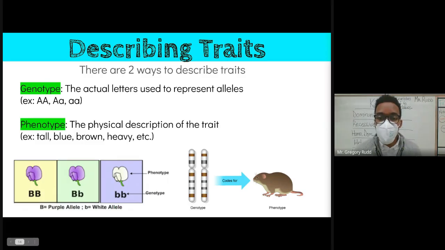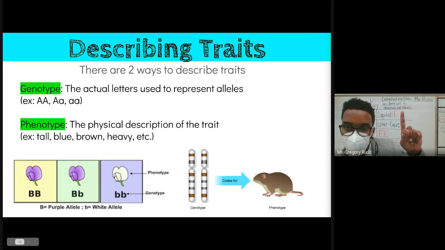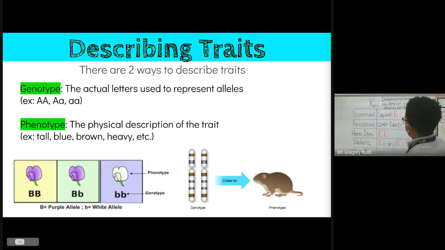So which one is the dominant trait? Detached or attached? Based on that sentence. Detached, yeah. So that means that my dominant allele, the capital E, is coding for detached earlobes.